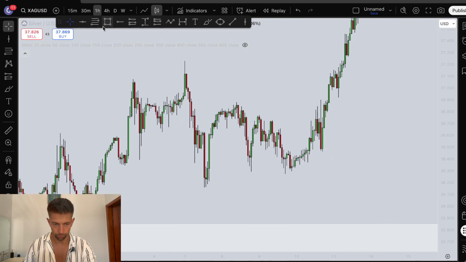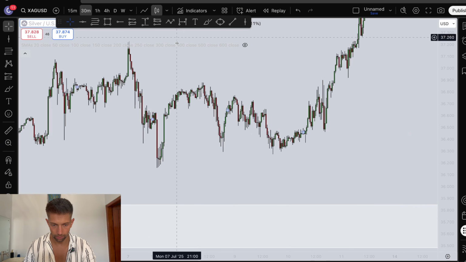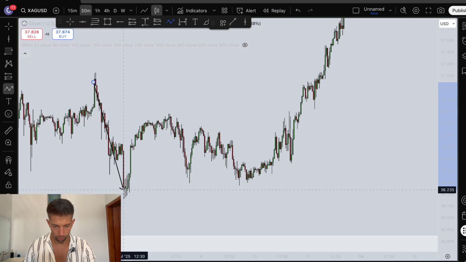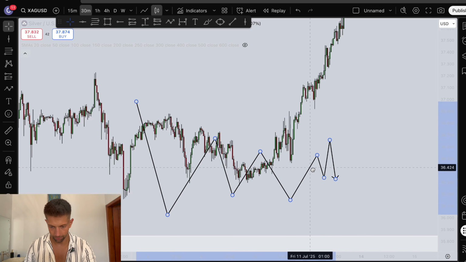Cool. So let's drop down to M30, and as you can see, we can mark out our market structure to the upside, to the downside, and as you can see, this was the shift, right? This was the shift.